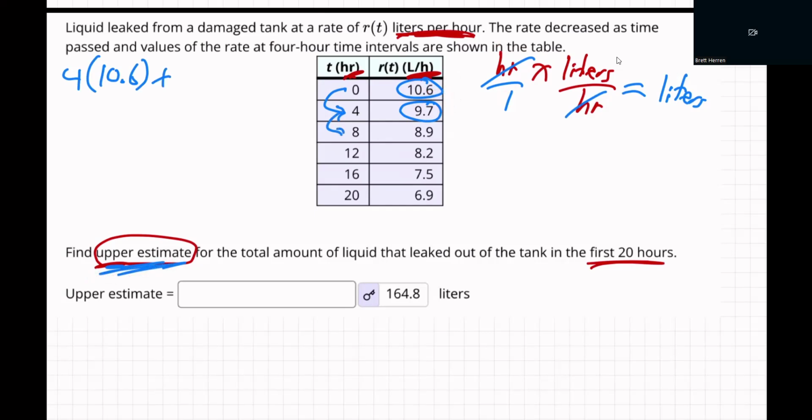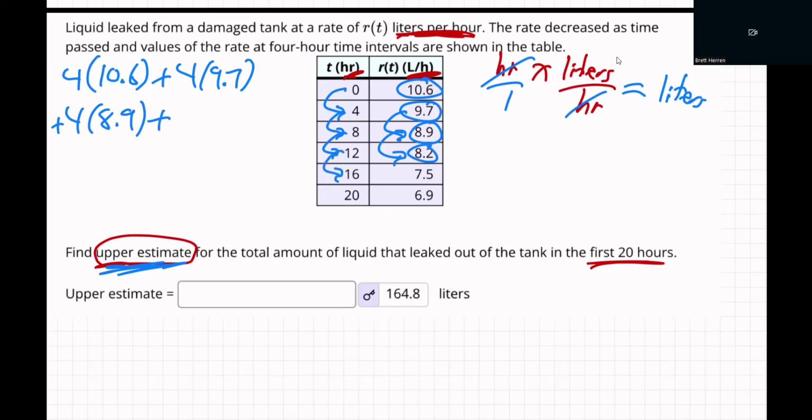Plus, in the next 4 hours, it went from 9.7 down to 8.9. So I'm going to use the higher to get an over. Assume it leaked out at a rate of 9.7 liters per hour for the whole 4 hours. Next 4 hours, it started at 8.9, ended at 8.2. I'm going to take the higher number again, upper estimate, for that whole 4 hours.